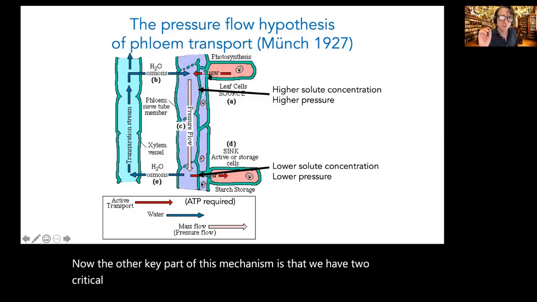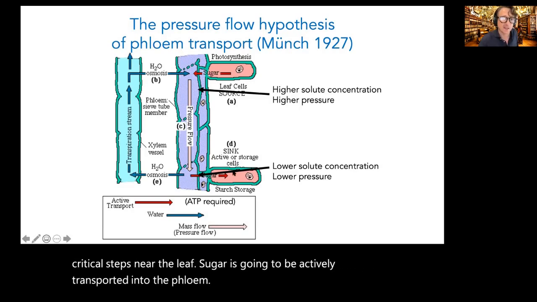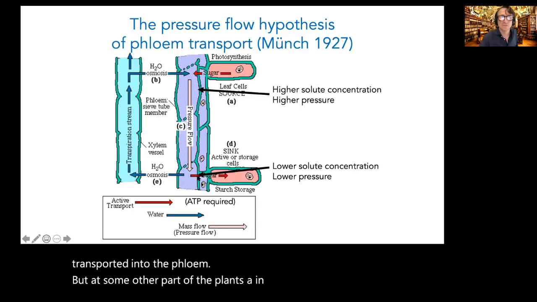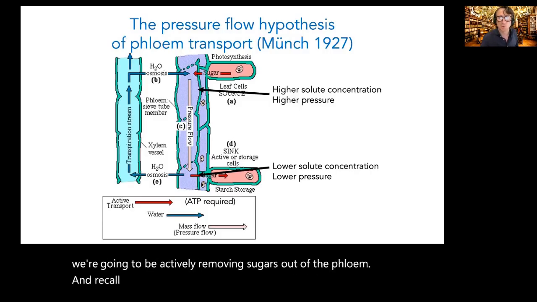Now, the other key part of this mechanism is that we have two critical steps. Near the leaf, sugar is going to be actively transported into the phloem, but at some other part of the plant, say in the root or in the stem, we're going to be actively removing sugars out of the phloem, okay? And we call that active transport because ATP is required.